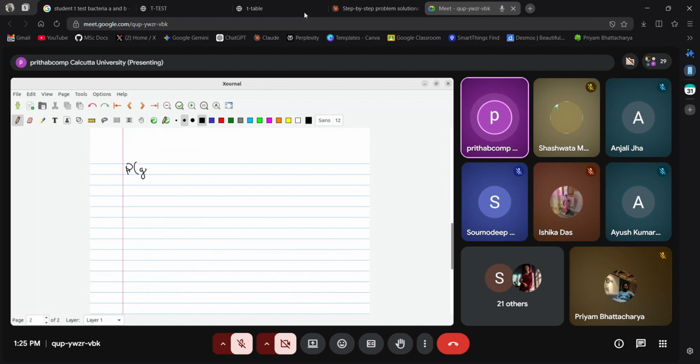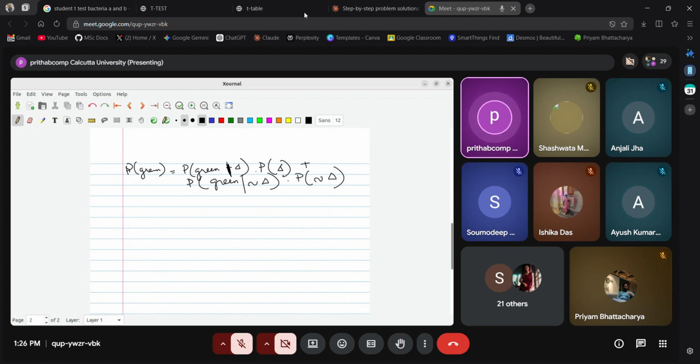So probability of green equals probability of green given the triangle into probability of triangle plus probability of green but not the triangle into probability of not the triangle.